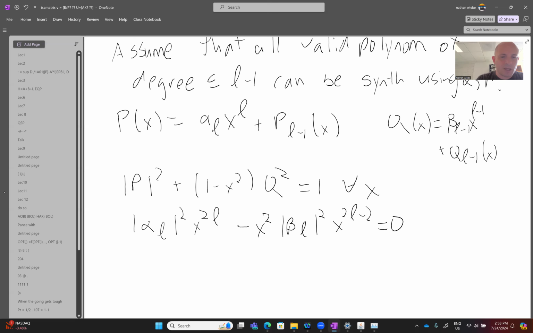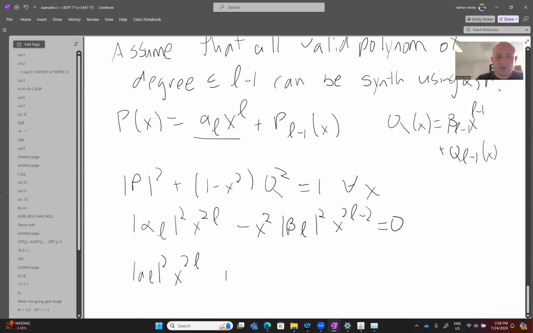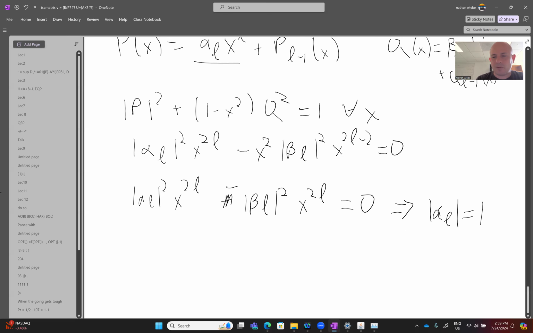The highest order term is going to be simply alpha_L squared x to the 2L from this guy over here. And then we need to worry about the same thing from the Q. We will have beta_L squared from this, and the product between the two, which is just x to the 2L equals 0. So since this has to be true for all x, the only way is that the alpha_L's have to be equal in absolute value to the beta_L's.